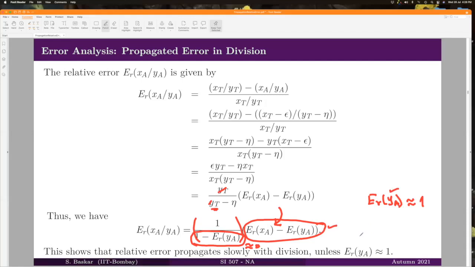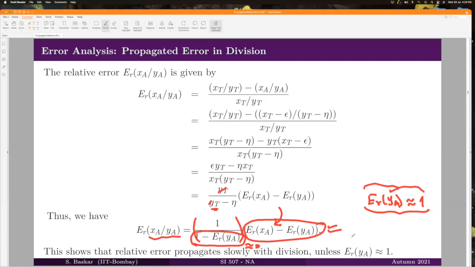There is no surprise in this. If you take very bad data, then your result should be bad, right? So as long as you are not making a big error in your initial data, your division is not going to amplify the relative error drastically. Okay, so that seems to be a fair condition.